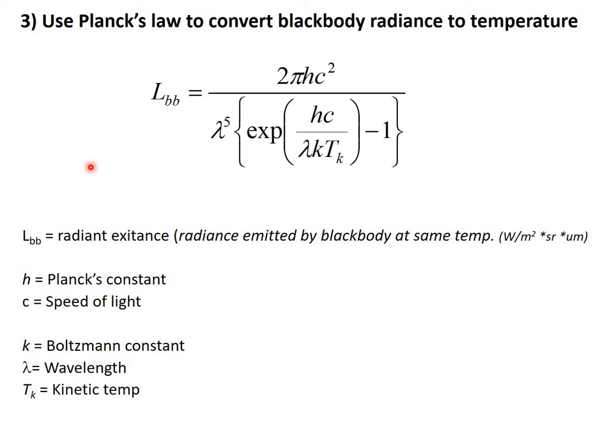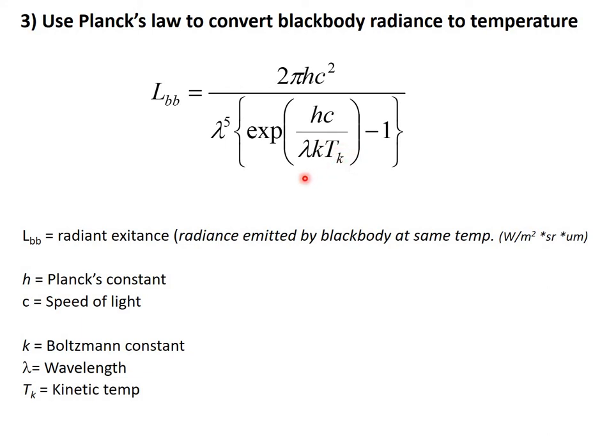We adjusted it by emissivity so that now we're saying how much would be coming from it if it was a black body. That's what L BB is. So now we can go right to Planck's law, which only applies to black bodies, importantly. Planck's law assumes you're talking about a black body. And we can solve for kinetic temperature here.